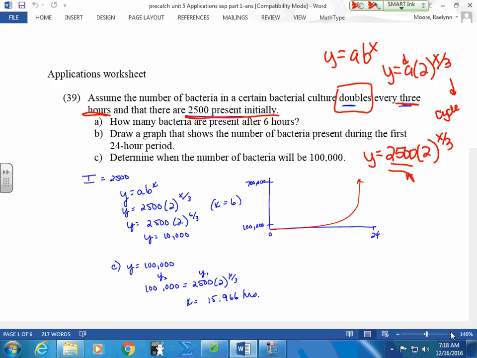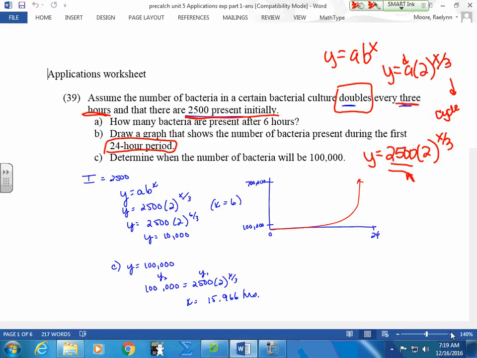Make your Y value fairly high. If not, look in your table and see what's happening to that Y if you can't see it on your graph. Okay, so you want a basic sketch. What does this mean over the first 24-hour period? So where do I want to go? Where's my X got to go to? From 0 to 24. So that helps out your X value.